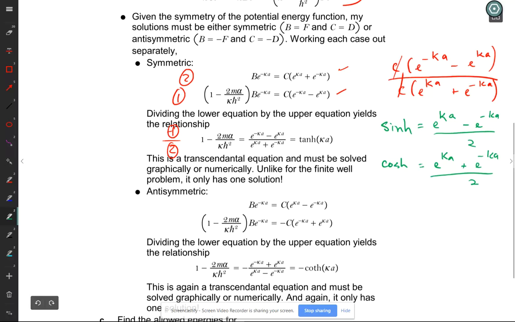If you look at this, on the bottom we have a plus sign, on the top we have a minus sign. So that means sinh of kappa A, sinh is obviously defined with an argument, over cosh of kappa A. I'm not even going to write the 2's because you can see the 2's are going to cancel.